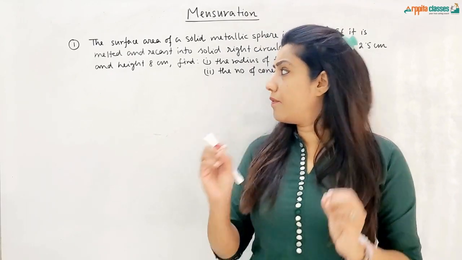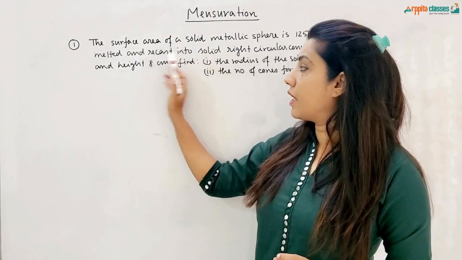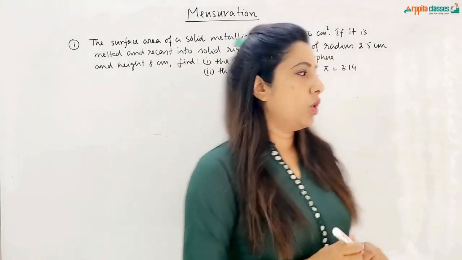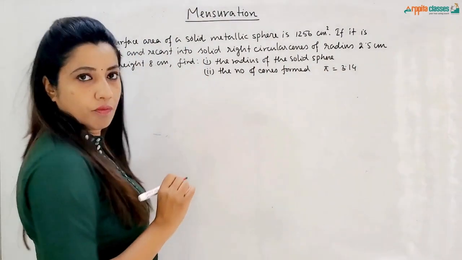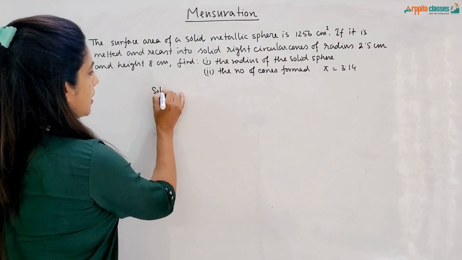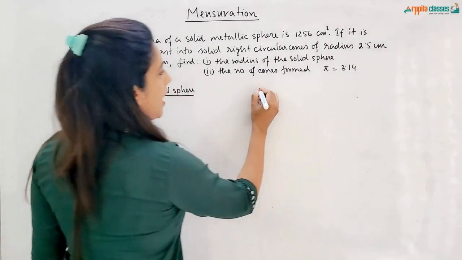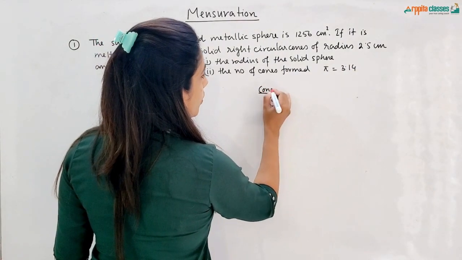So here we have two figures. One is a solid metallic sphere, which is melted and recast into some cones. So let us first write down the information given in the question. Here I am writing the solid sphere, and in the other column I am writing cone.